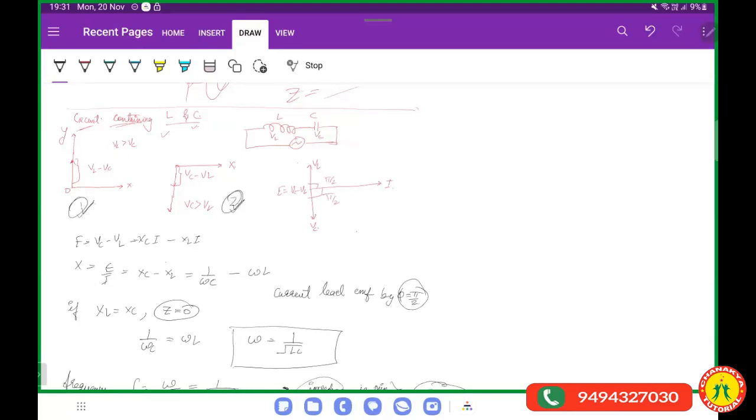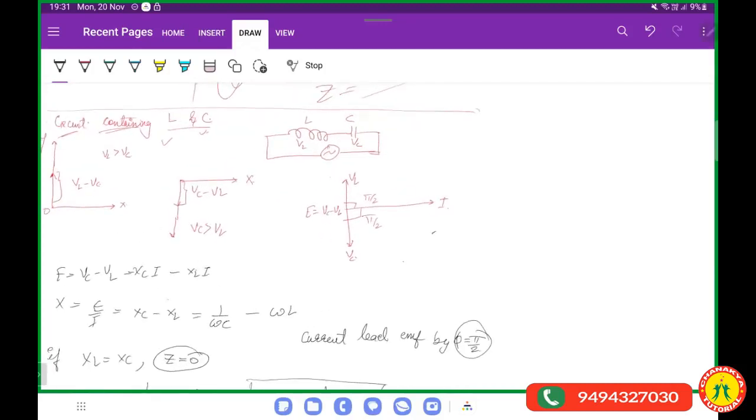When we draw the phasor diagram, we can go either upward or downward. If we are going upward, then it is VL minus VC. If we are checking downwards, it becomes VC minus VL. In that case, VC is greater, meaning the voltage across the capacitor is greater in the series combination of L and C.